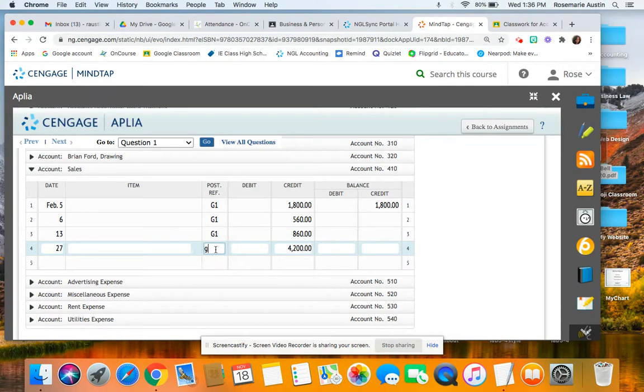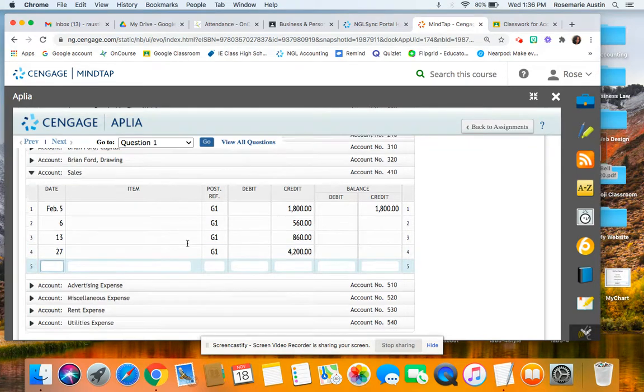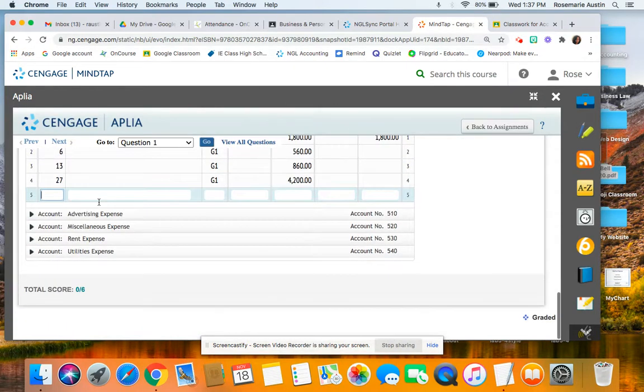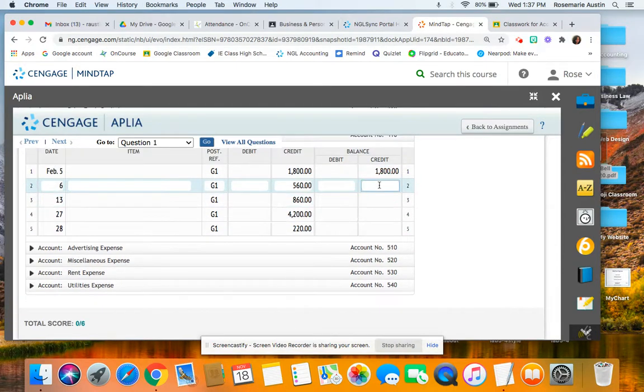Okay, that's G1. And then we have one last sales transaction, and that is on the 28th, and it's a $220 credit. So you want to put the 28th in here, $220 credit. And now we can add everything up. So you initially had a $1,800 credit balance.